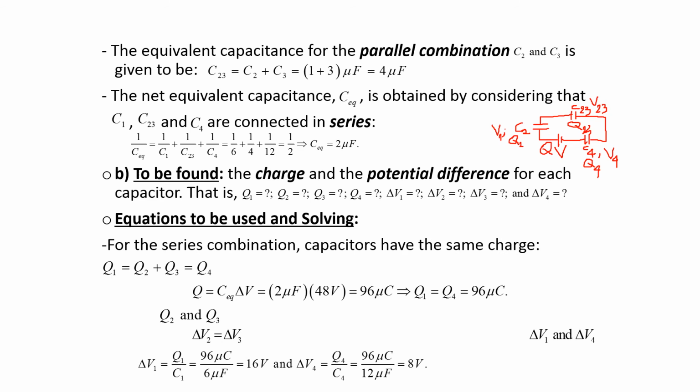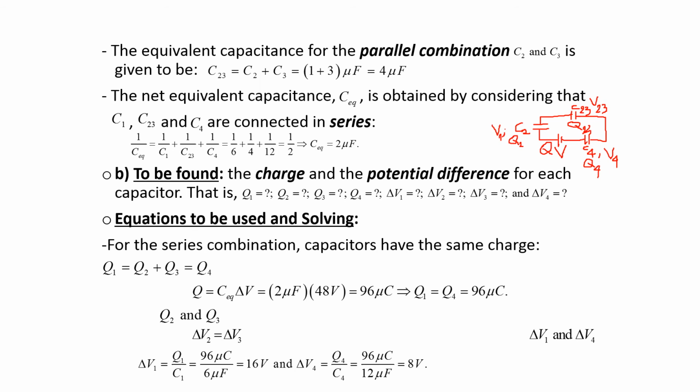For the series connection, C1, C23, and C4 are in series, which means that the charge Q1 equals the charge Q23, which means Q2 plus Q3, equals the charge Q4, which is equal to the total charge flowing through the circuit. The total charge is equal to the equivalent capacitance times the voltage across the terminals of the battery.